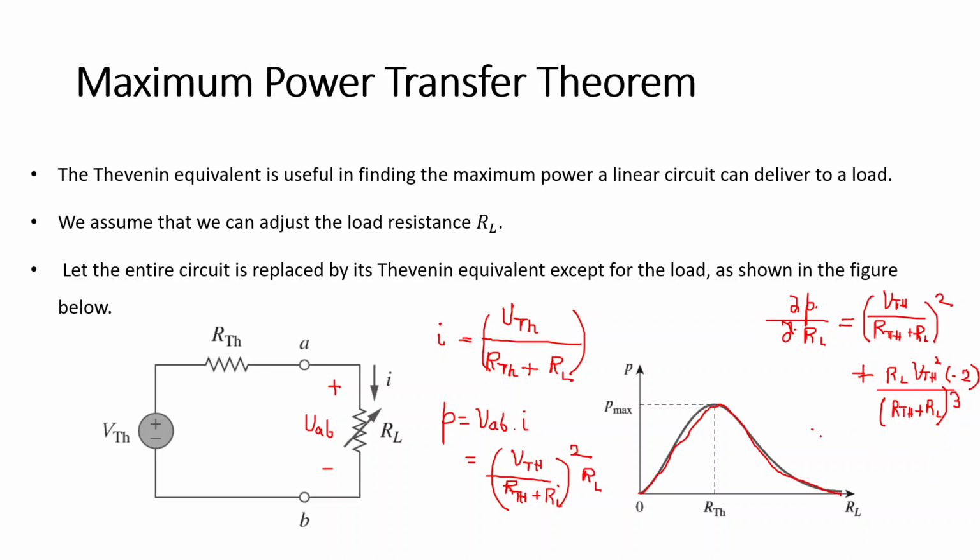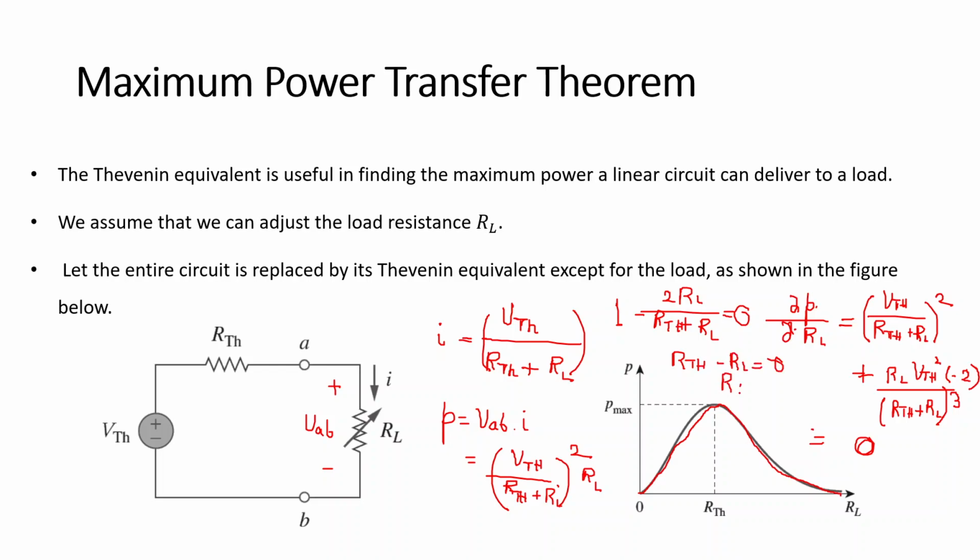This thing equals 0, so we can eliminate the (VTH by (RTH plus RL)) whole square term, and we will get 1 minus twice RL by (RTH plus RL) equals 0. So we get RTH minus RL equals 0.